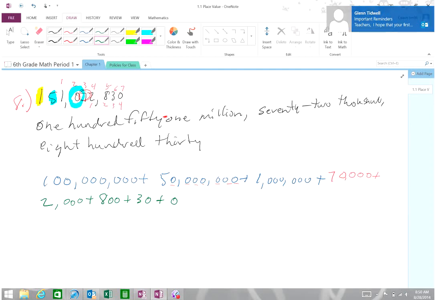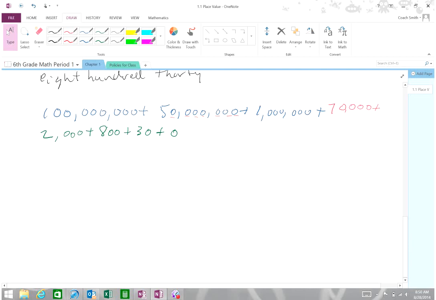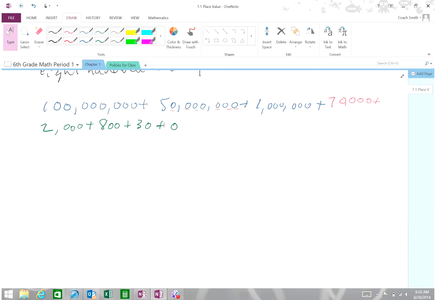Now let's look at this. Let's take a number that is in expanded form. For example, wow, that's a huge one there. Everybody look at number 12. Instead of me writing it, I want you to look at number 12 in the book. Okay, everybody found number 12? Okay. I want you to write that number in standard form.